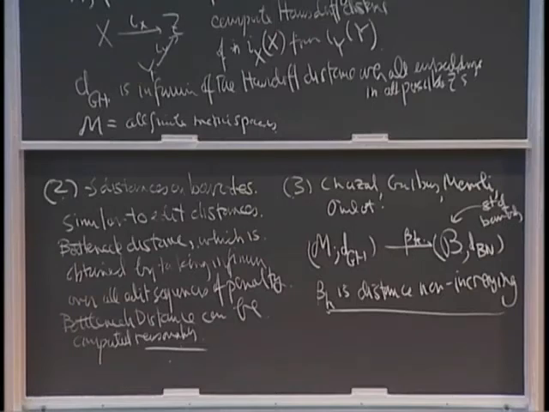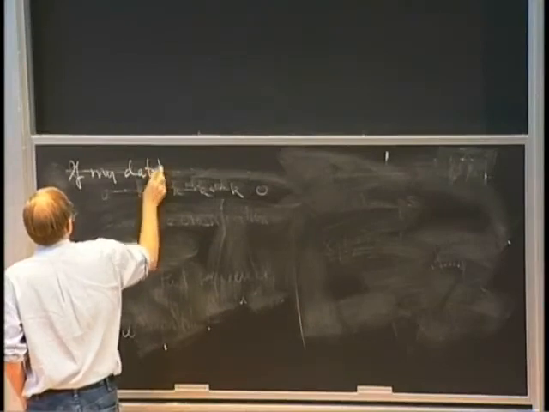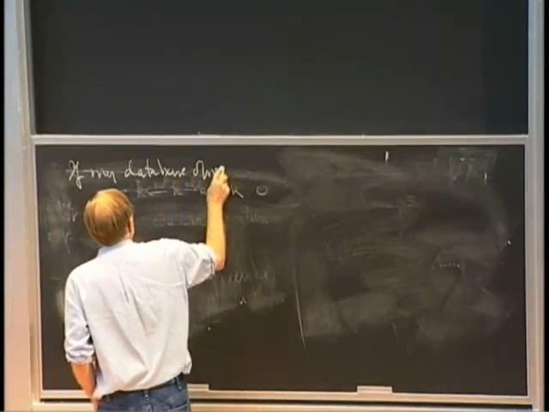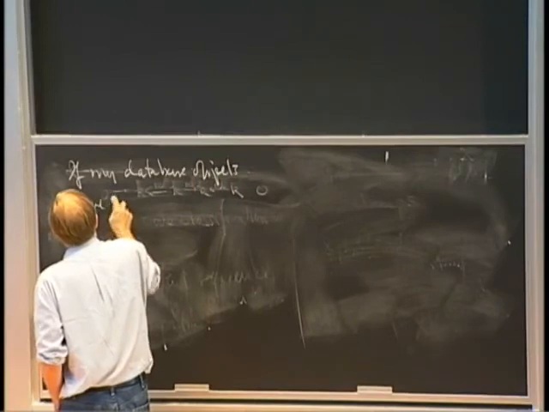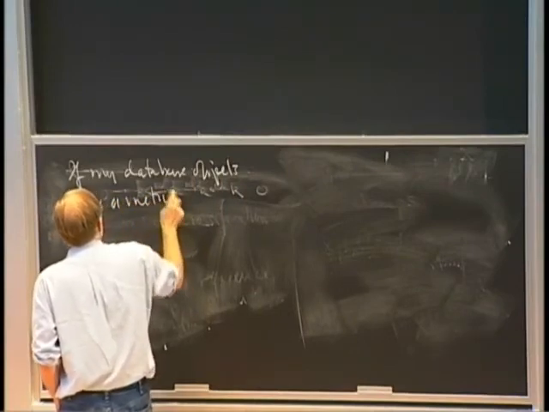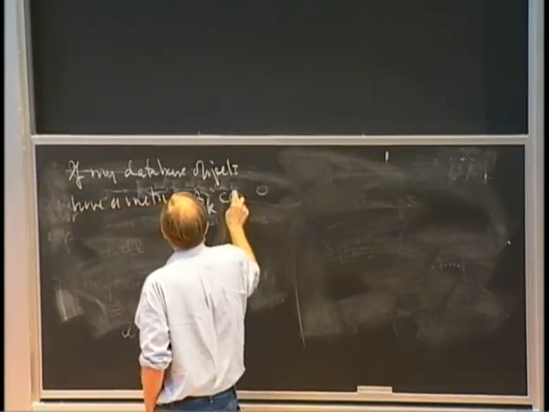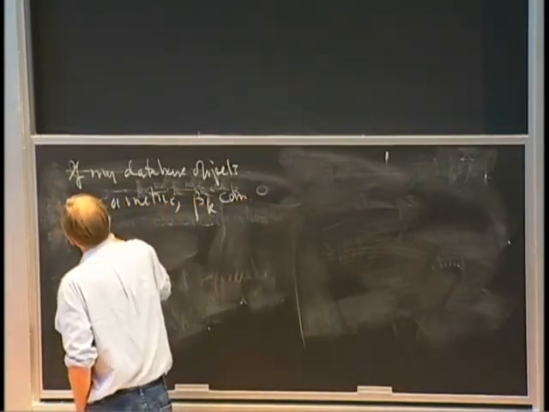And so if my database objects have a metric, beta k can be used as a generalized index or indexer.